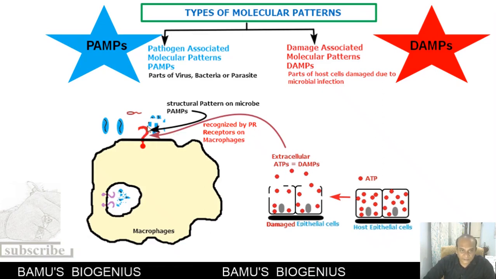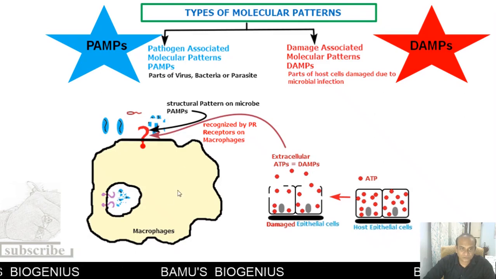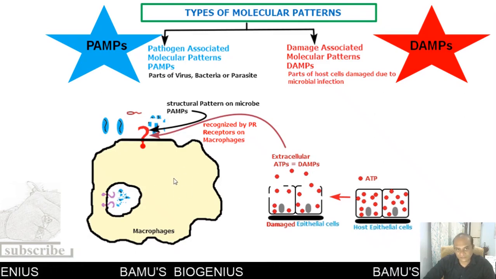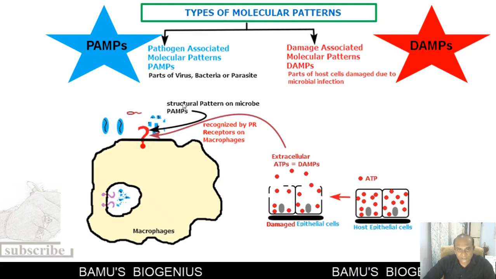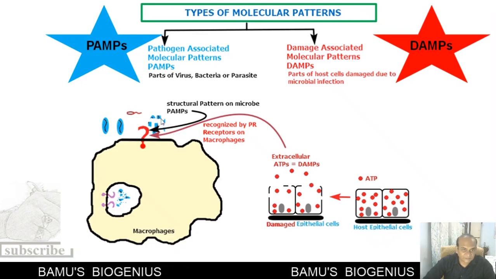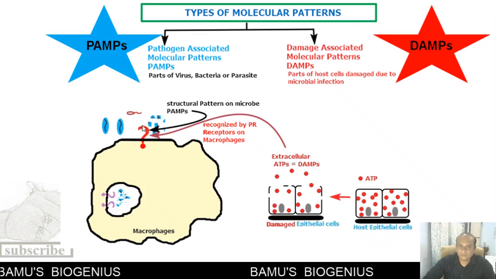These pattern recognition receptors are present on the membrane, as well as in the endosomes, or also in the cytoplasm of the macrophages. So whenever a pathogen enters our body, these particular parts of the pathogens are recognized by these pattern recognition receptors.